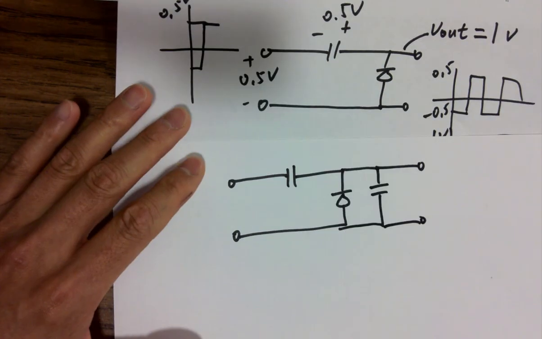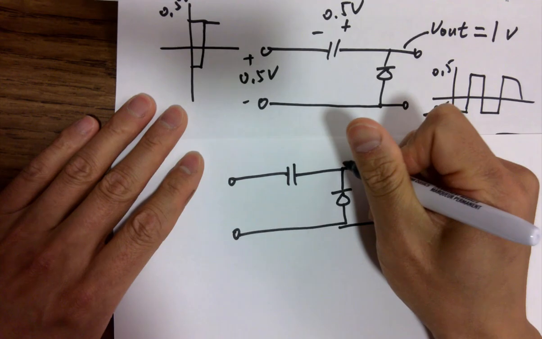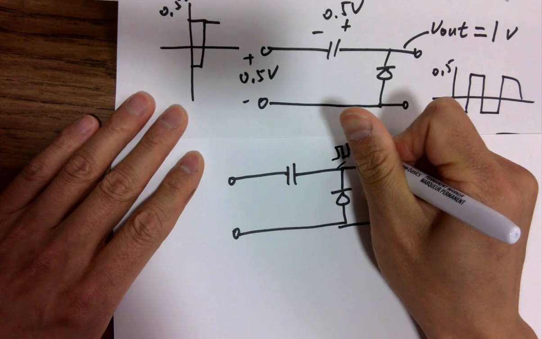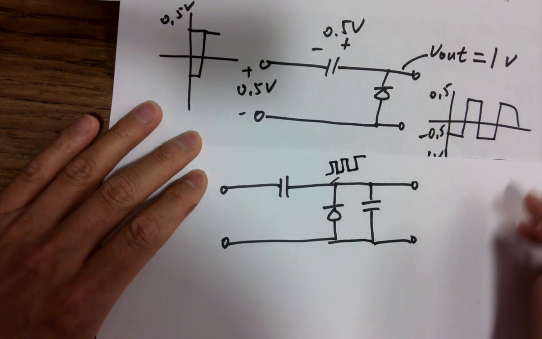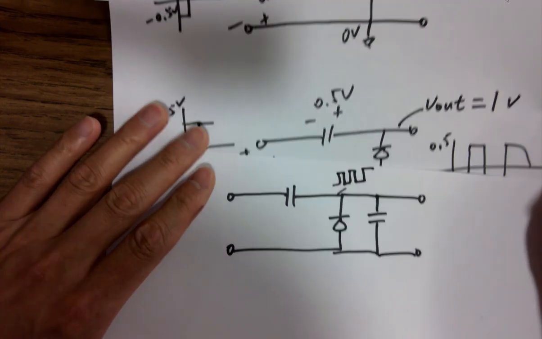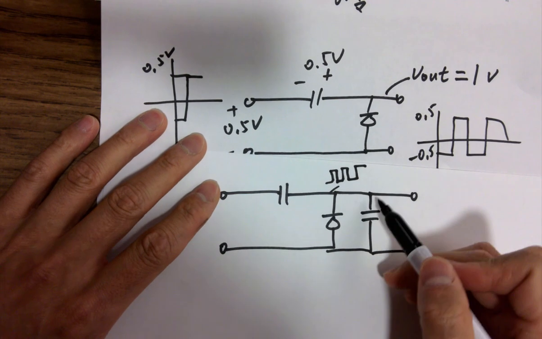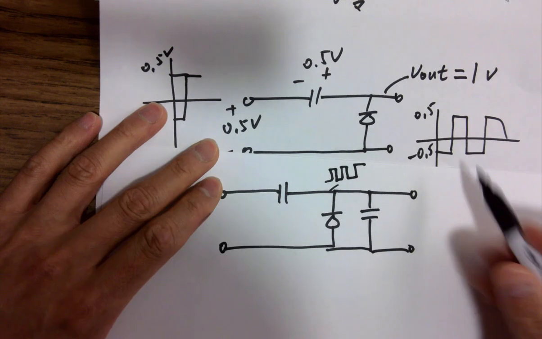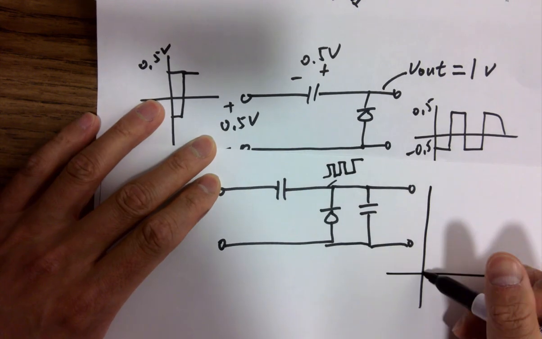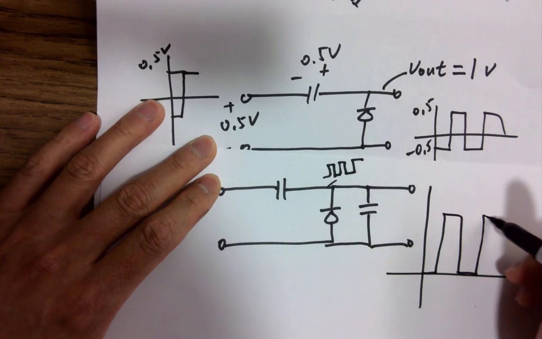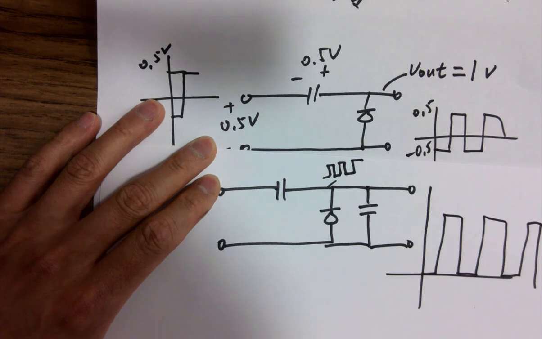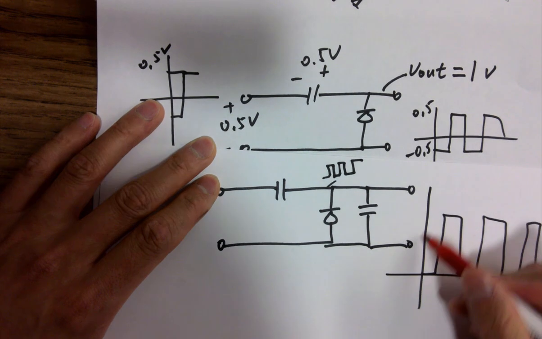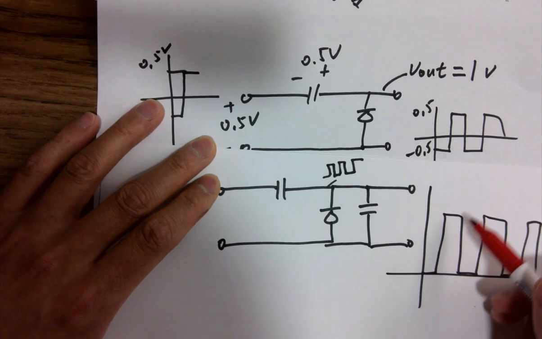And after that, you add a cap at the output. So we know here is oscillating from 0 to 1, right? If you add a capacitor to the output, it's very similar to a low-pass filter. It was doing this, but with a capacitor at the output, it's trying to add a time delay, and eventually, if you have a big enough capacitor, it will not be able to discharge efficiently.